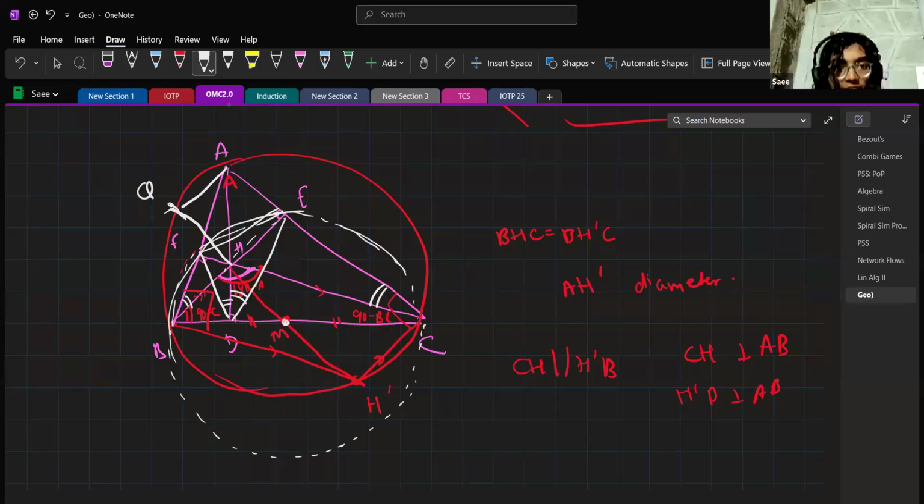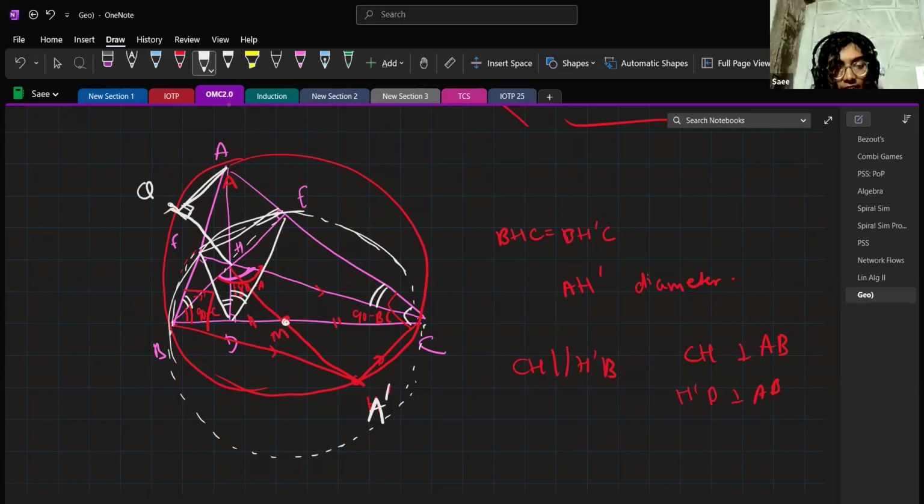Because we have that this is a 90 and H prime. Okay, I'll actually just call this A prime. So A prime signifies that they are opposites in the circle. So we know that since A and A prime are opposites, A prime is a diameter, this angle is 90. So this is going to be a rectangle.